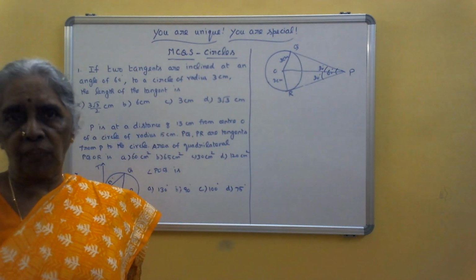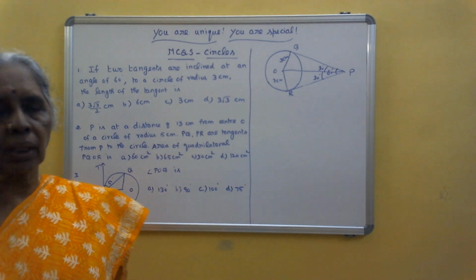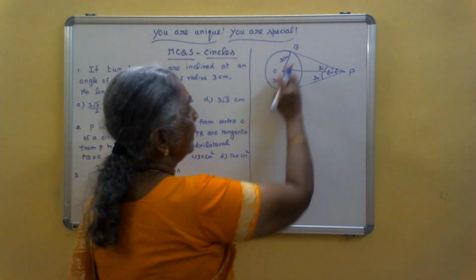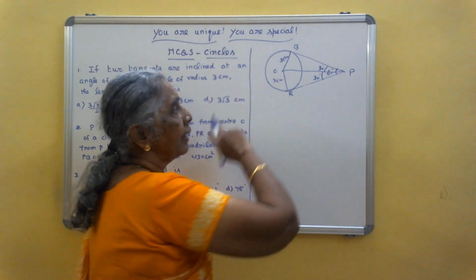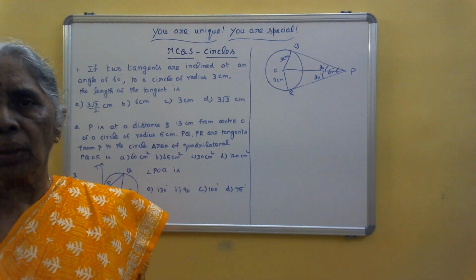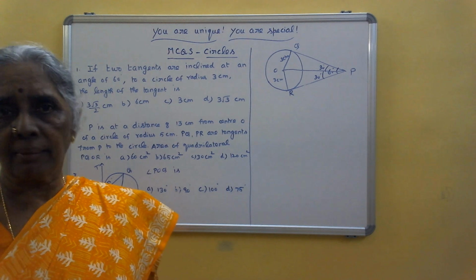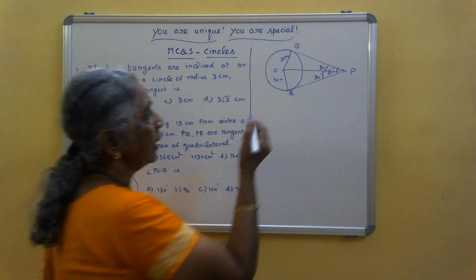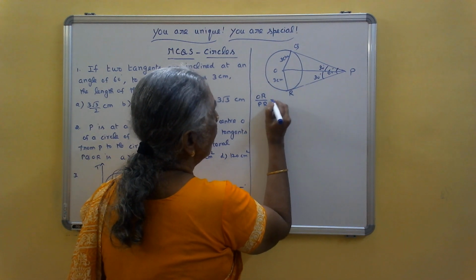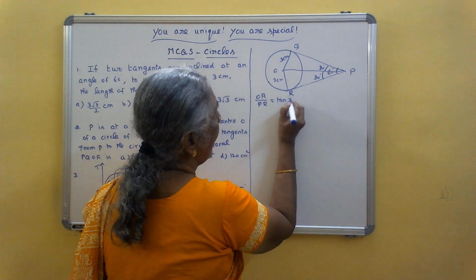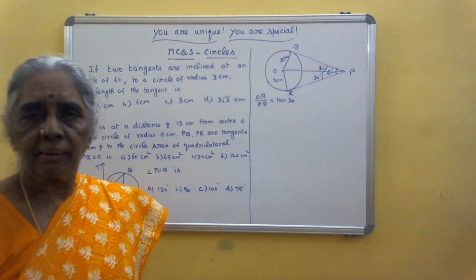Okay, this is the first concept you have to use. Now, you can consider any one of the triangles. If you consider triangle OPR, you want PR, that is the length of the tangent. So now OR by PR will be equal to tan 30 degrees, right?